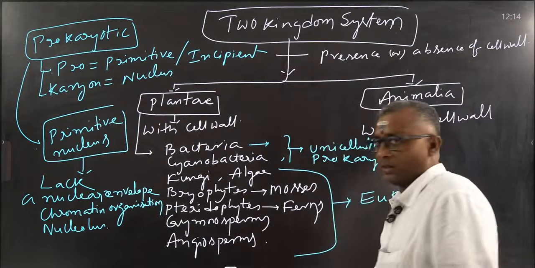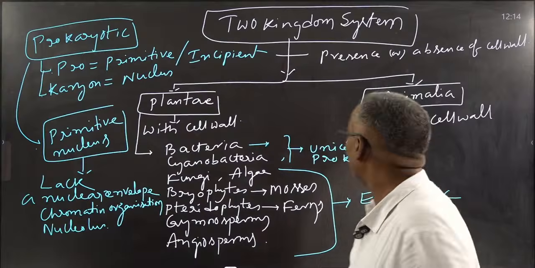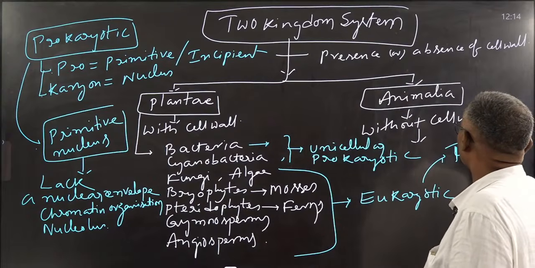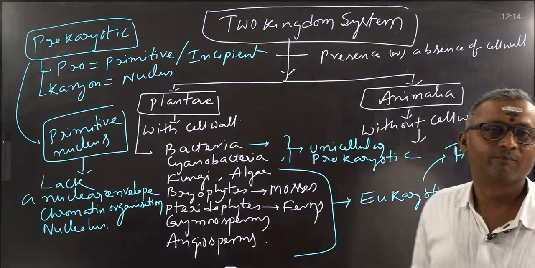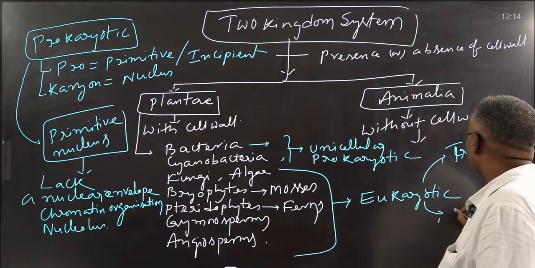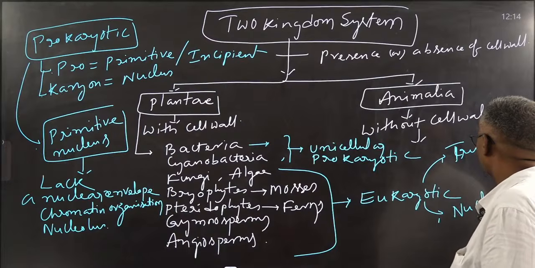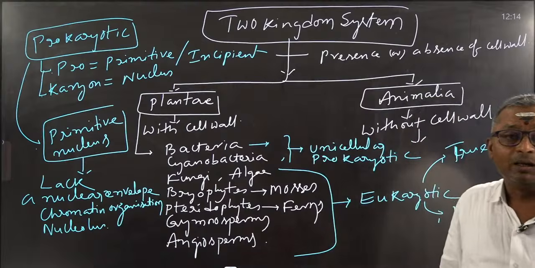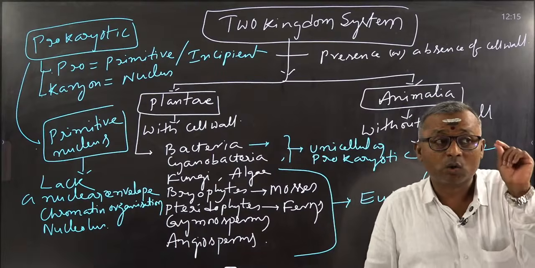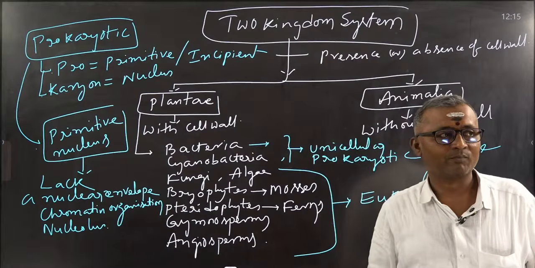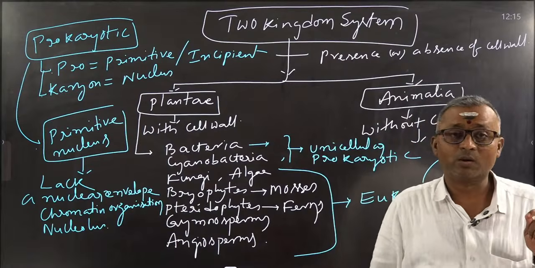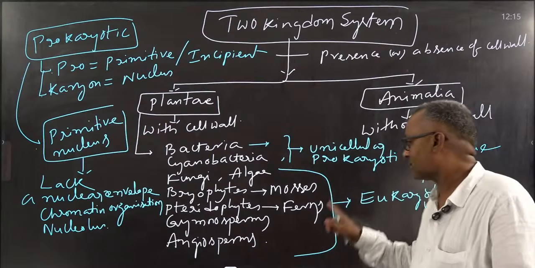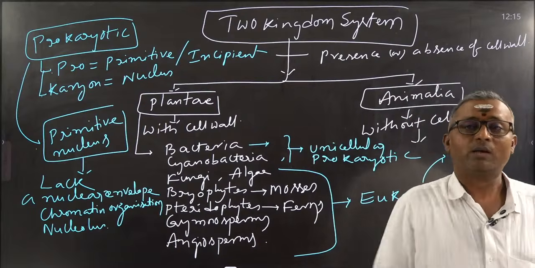And what is eukaryotic? Eu means true. Karyon means nucleus. So eukaryotic, simply to say, are organisms with a true nucleus. Such organisms are called eukaryotic.